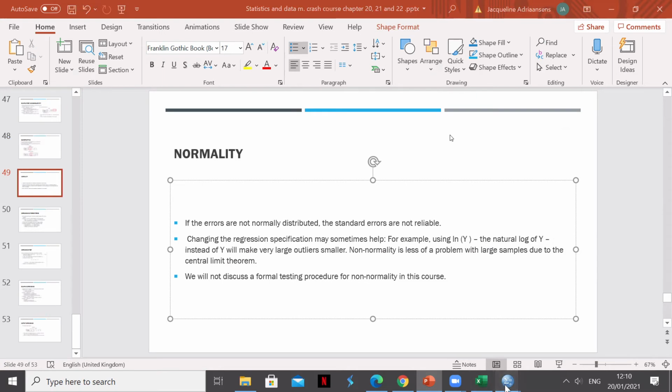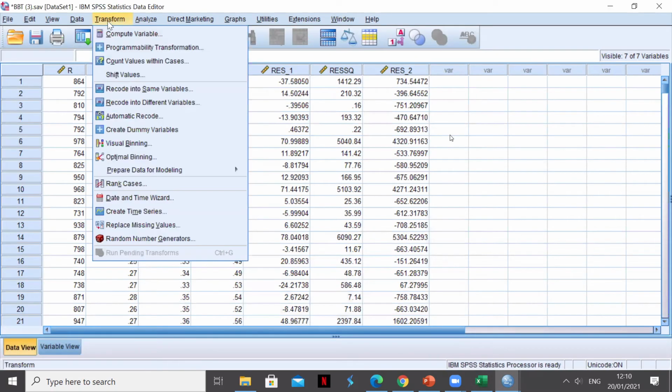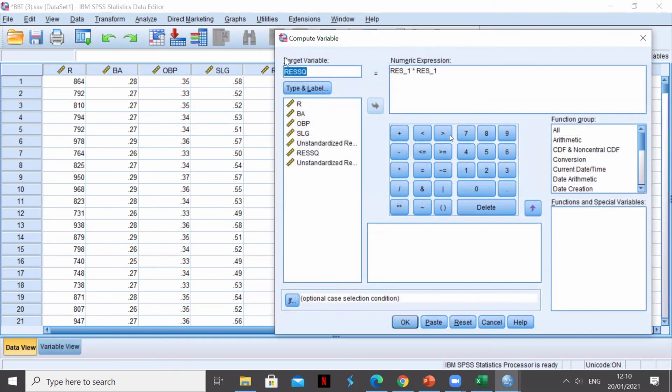So how would you do that? You can go to your data, go to transform, compute a variable, you take ln, say for example, ln(y) of r, and then here you put just ln, and then you put your r in it, and you would get an output.